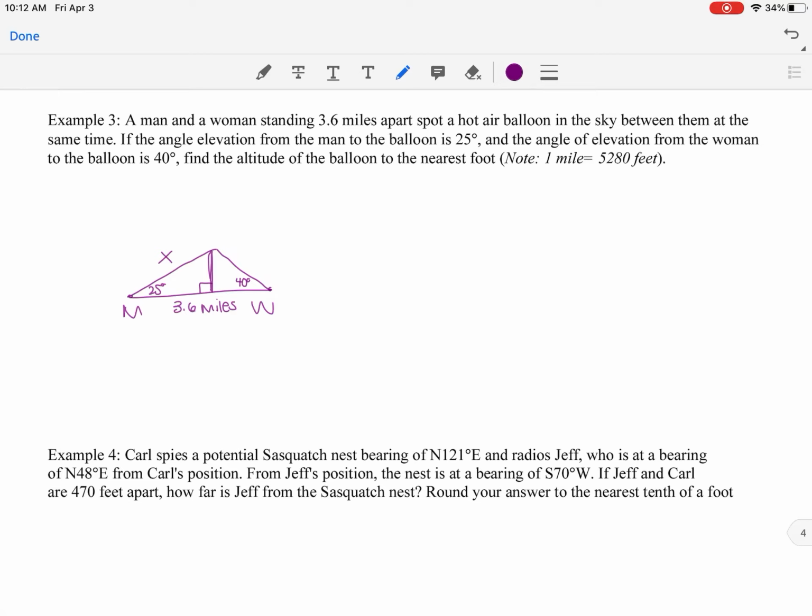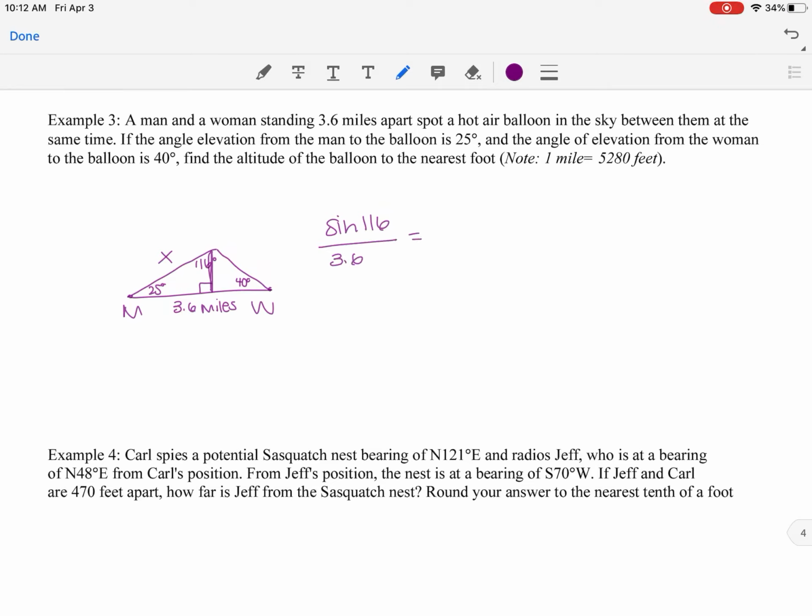So let's choose one of the sides. Let's say I call this side x. Well, in order to solve for x, I need to know what the angle at the top is equivalent to. So if I do my 180 minus 40 minus 24, I end up with 116 degrees.